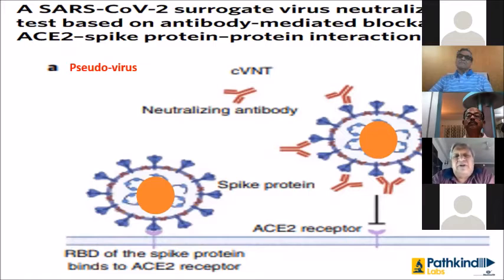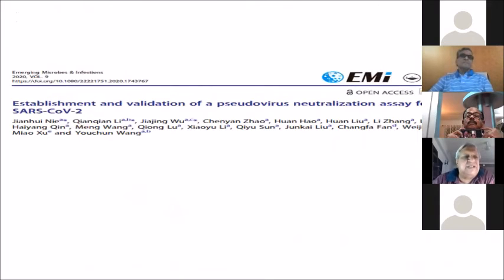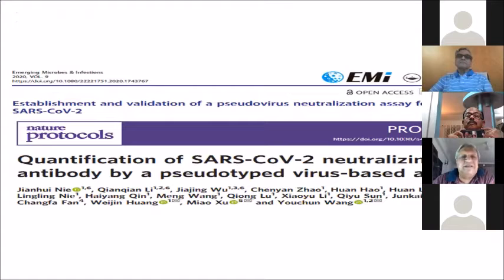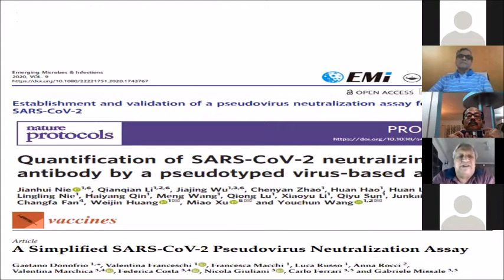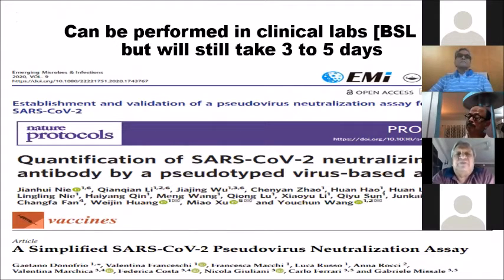Because the spike proteins are that of the coronavirus, the specificity of neutralization would remain, but the potential to cause harm is removed. The pseudovirus was first established in China, which was then published in Nature, and a simplified version was made available. The net result was that it is possible to perform this test using pseudovirus in clinical labs which have BSL-2 facilities, but it will still take 3 to 5 days.